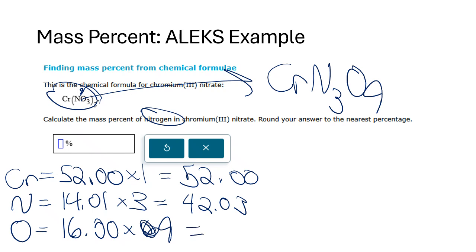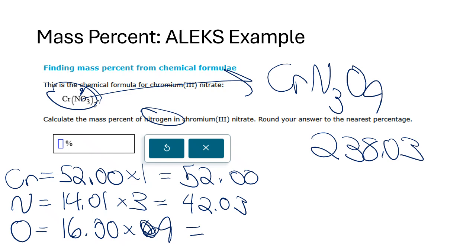9 times 16, 144. You get a total mass of 238.03.